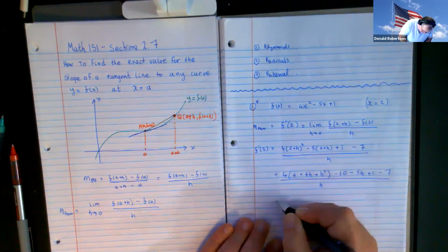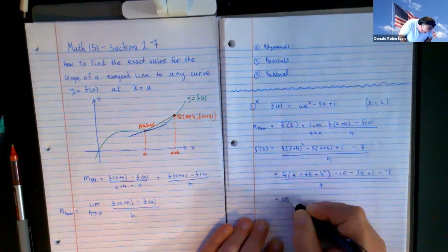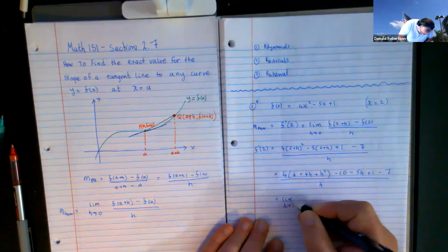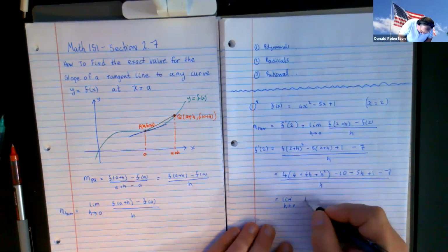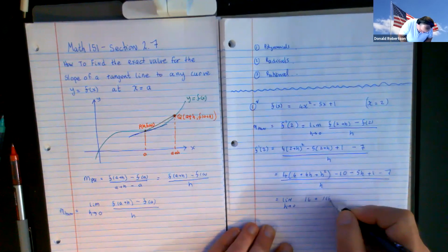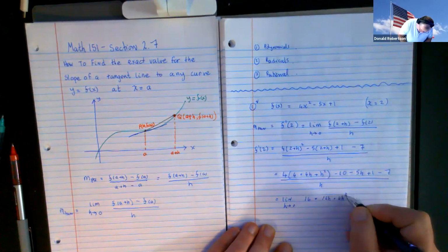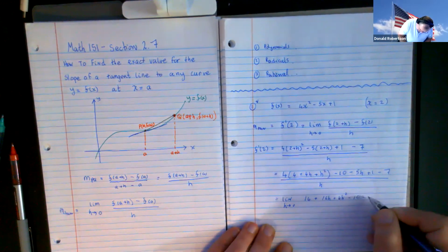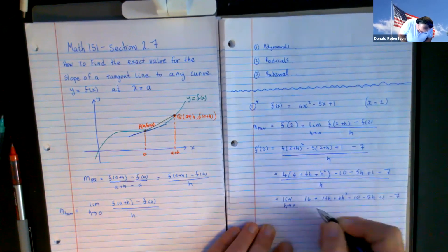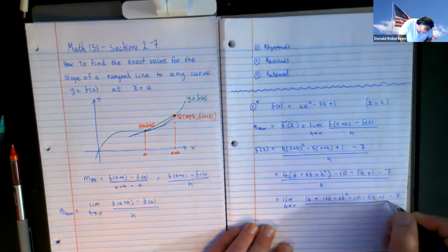And this time I'll remember, because I forgot it here and here, to do the limit as h tends to 0. So it's going to be 16, 16h, 4h squared, take away that guy, take away that guy, plus that guy, minus 7, over h.